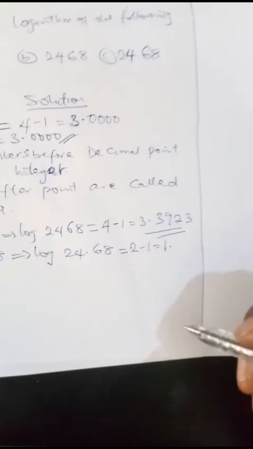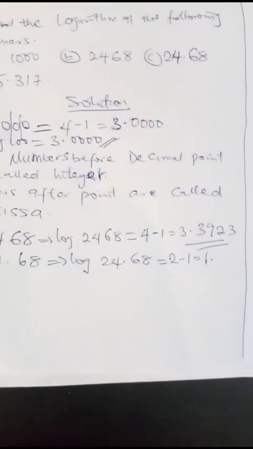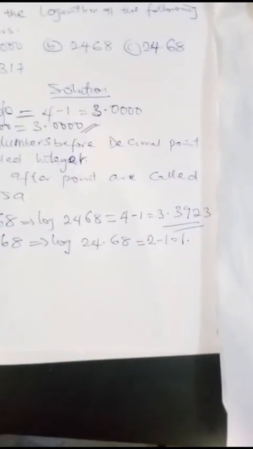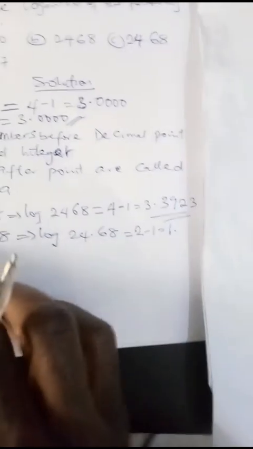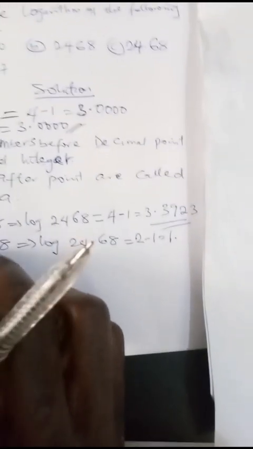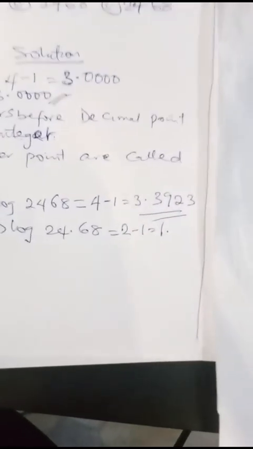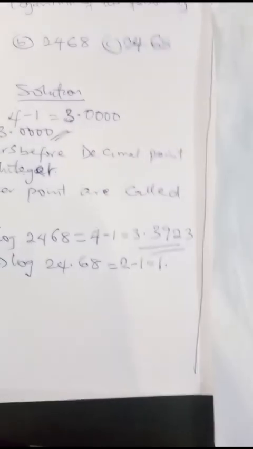So after getting your point, you now go to your table, you check. While checking your table, the placement of your point does not matter. While checking the table, you don't consider the decimal point. You check the table as if it doesn't have a decimal point.